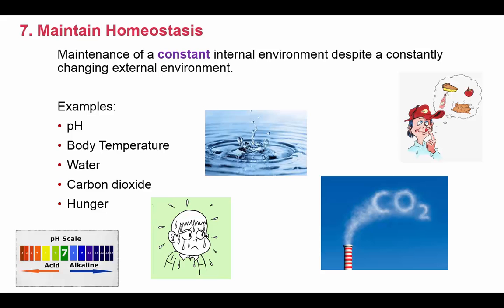The seventh characteristic of a living thing is maintaining homeostasis. Now, the definition of homeostasis is it's a constant internal environment. And so as living things, we have an internal environment that has to stay constant. It has to stay pretty much the same. And any variation from those set points typically are going to trigger a response to bring you back to it. So for example, pH.